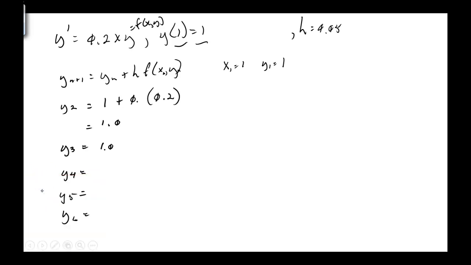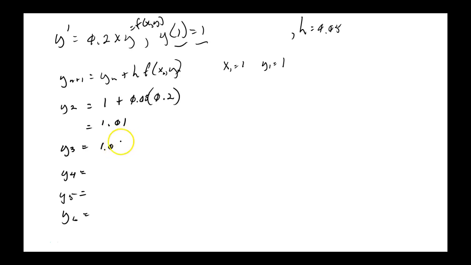Now, our initial value, y1, is 1, plus 0.05 times x, which is 0.2 times x, which is 1, times y, which is 1. So this is going to be 1.01. And that's our y sub 2.